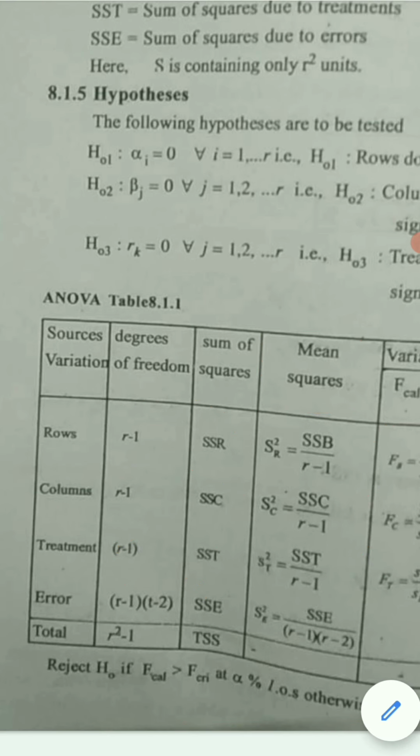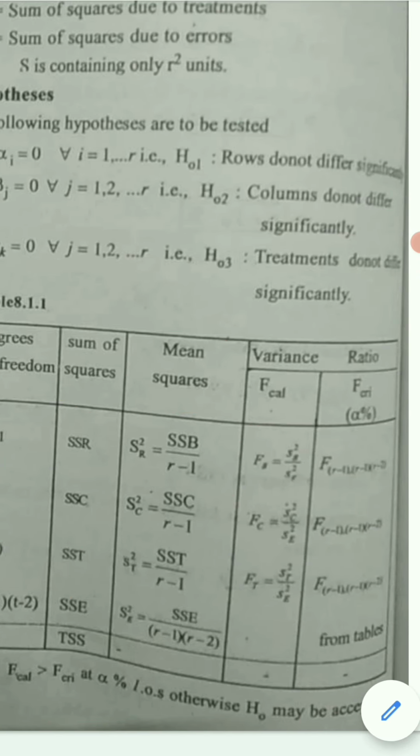Then, students, for variance ratio, just divide SR square by SE square, you will get this one. Then SC square by SE square, you will get this one. Then ST square by SE square, you will get this one.